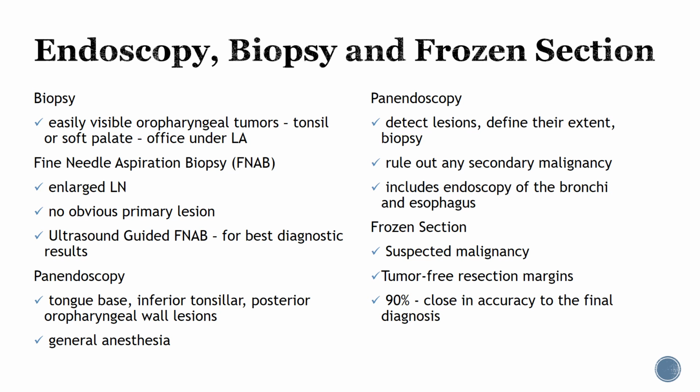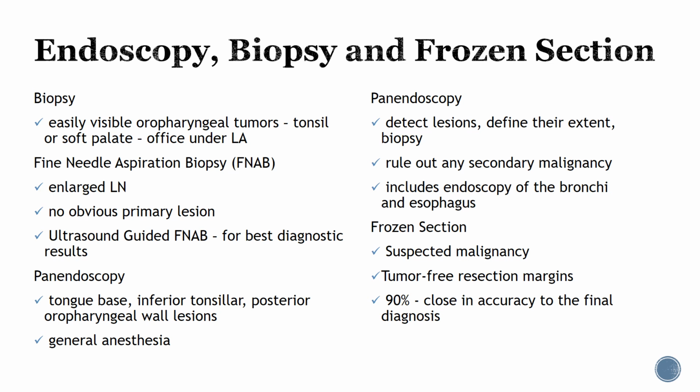Most tongue base, inferior tonsillar, or posterior oropharyngeal wall lesions are not sufficiently accessible in the office setting and may require general anesthesia to obtain a biopsy of an adequately sized specimen. Occasionally, small oropharyngeal malignancies can be difficult to detect by physical examination as well as by imaging, so these demand further diagnostics.